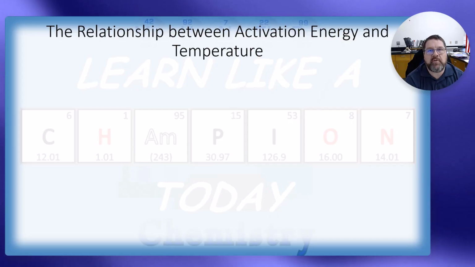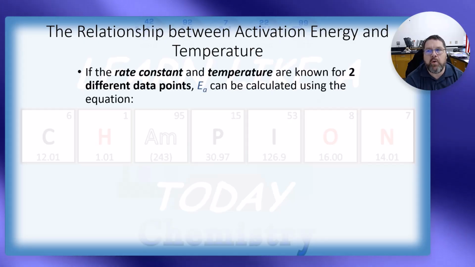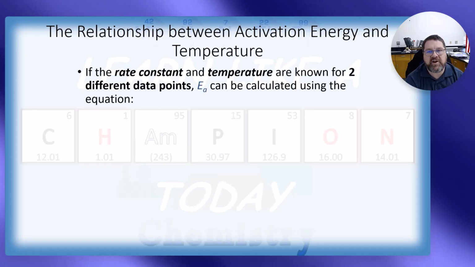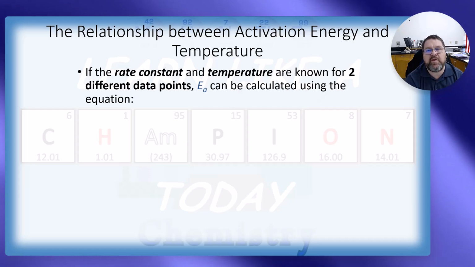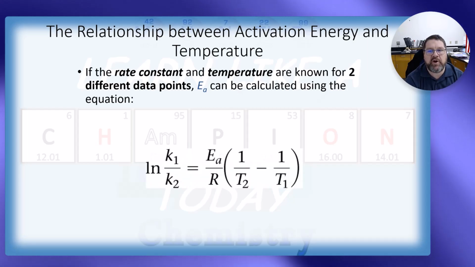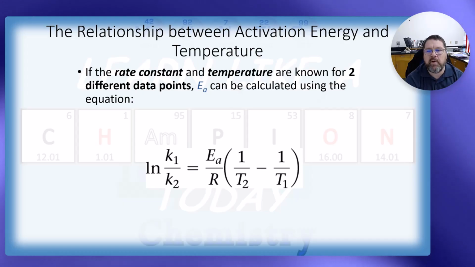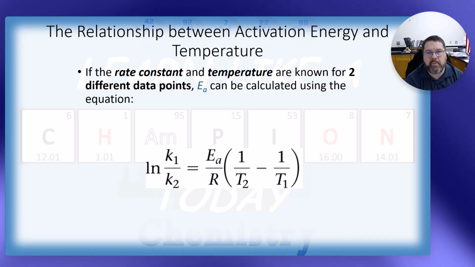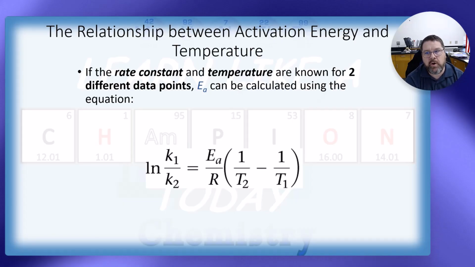We can also determine the activation energy if we happen to know two data points. So for the same reaction, if we know the temperatures that those reactions are occurring at, as well as their corresponding rate constants, then by modifying that Arrhenius equation, we get this equation, which might look a little intimidating, but again, you can use some logarithm identities here. You're just going to plug in the rate constants. You can simplify that before you take the natural log.